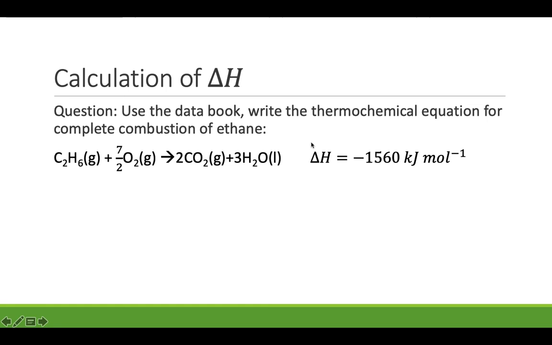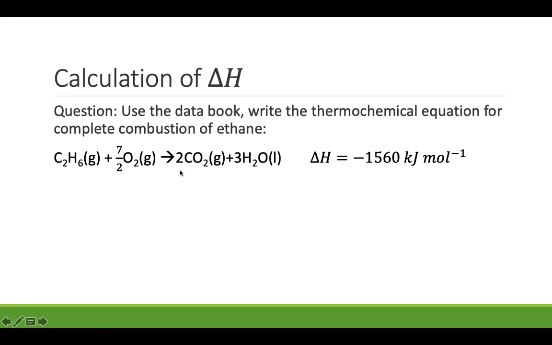You directly take the delta H value from the data book, and if that is the case, you need to make sure your coefficient of the fuel, that's the combustion substance, is 1. Our data book gives you the delta H value when the fuel is 1. In that case, your oxygen will be written as a fraction. Is that allowed? Yes, it is.